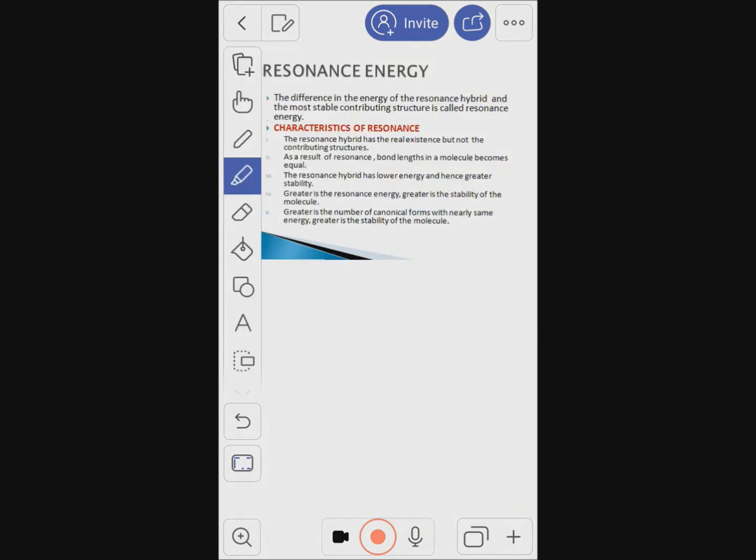Resonance energy. It is the difference in energy of the resonance hybrid and the most stable canonical form or resonating structure.